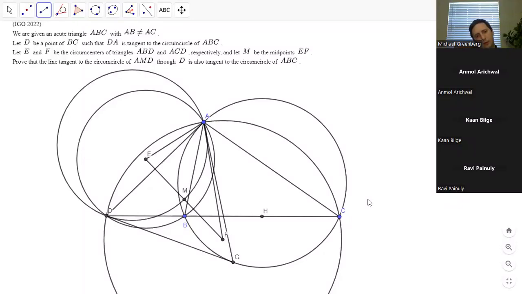We need to show that angle MDG is like MAG or something. And MDG is MAD. But MAD has like a similar. Oh, but MDG. Let's think about this.